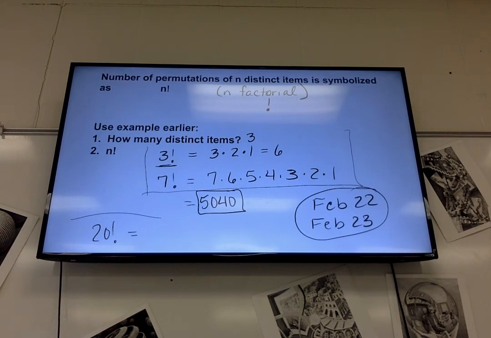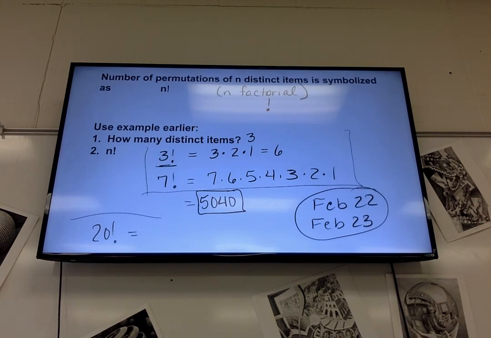Or if I'm going to pick people to raffle prizes, and the first person that wins gets $500, and the second person gets $100, and the third person gets $50, then obviously what order you get picked makes a difference.